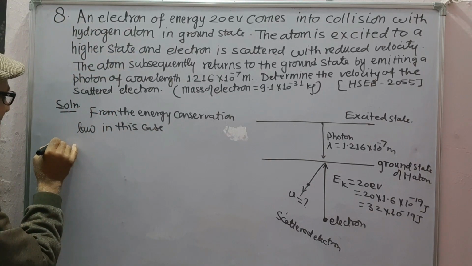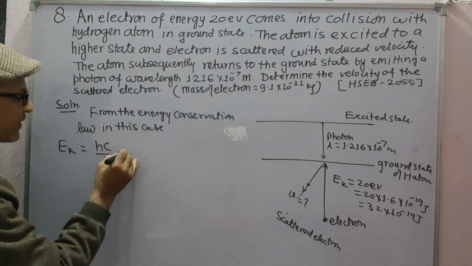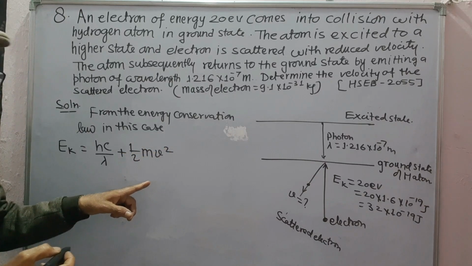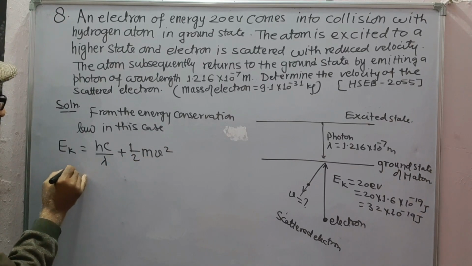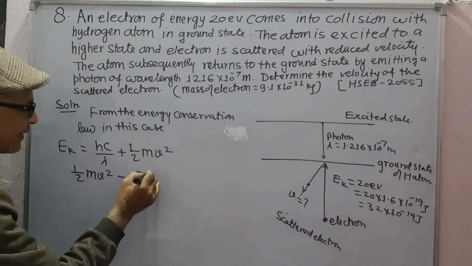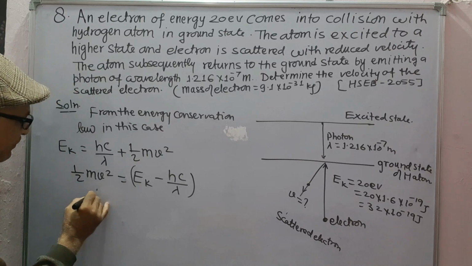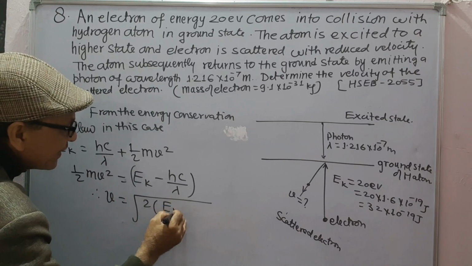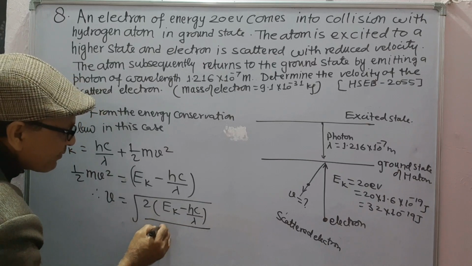That is, Ek will be equal to Hc upon lambda plus half mv square. We have to find v. Therefore, first we separate it out. Half mv square will be equal to Ek minus Hc upon lambda. Therefore, v will be equal to under root 2 times Ek minus Hc upon lambda, divided by m.